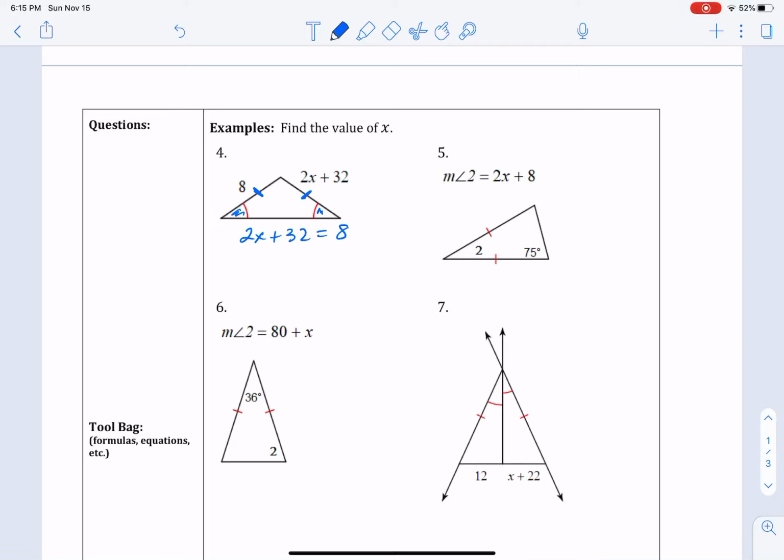When I subtract 32 from both sides, 2x equals negative 24. When I divide by 2, I get x equals negative 12. So remember that negatives are okay as answers to problems as long as it's not a measurement, an angle, or a length, because when I plug this back in, I will get 8 in that stead.